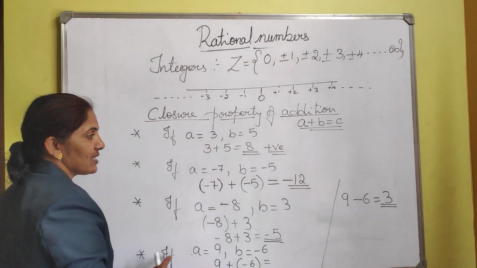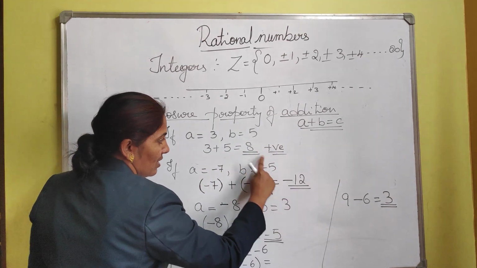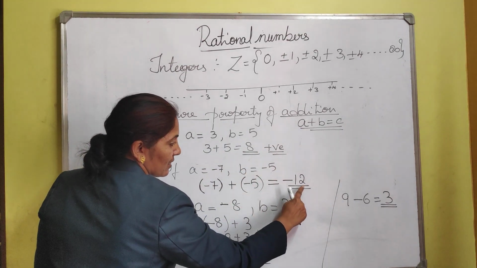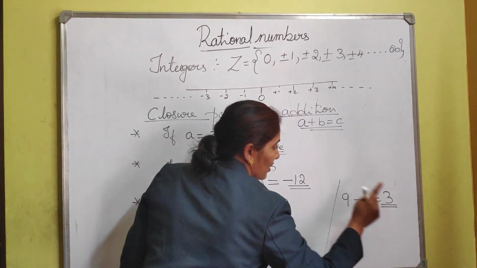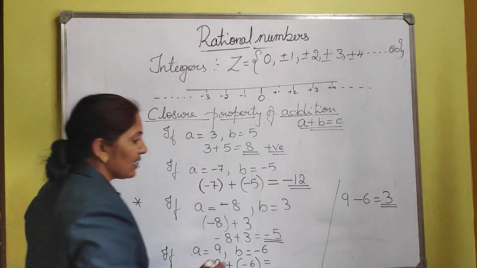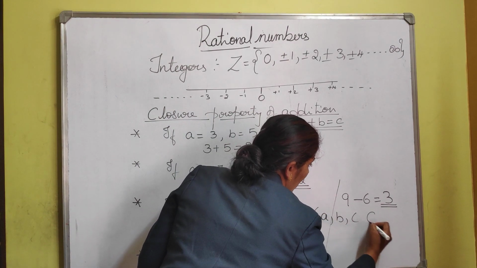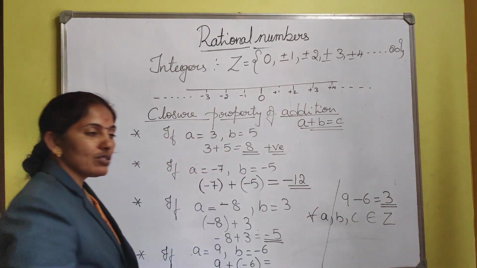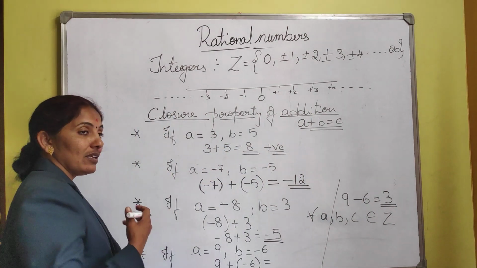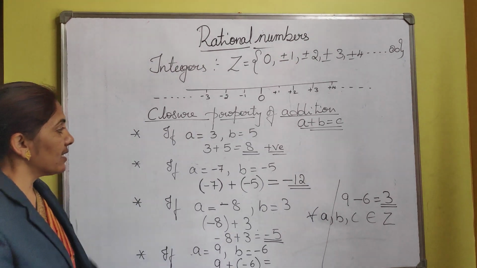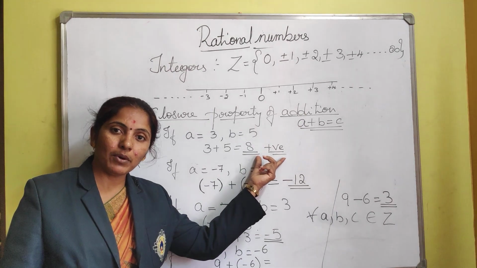In all these cases, whatever sum is obtained, 8 is positive, minus 12, minus 5, and in this case again we get a positive integer. We can conclude that all values of A, B and C belong to Z. Just recall: when we add any two positive integers, the sum is again positive.